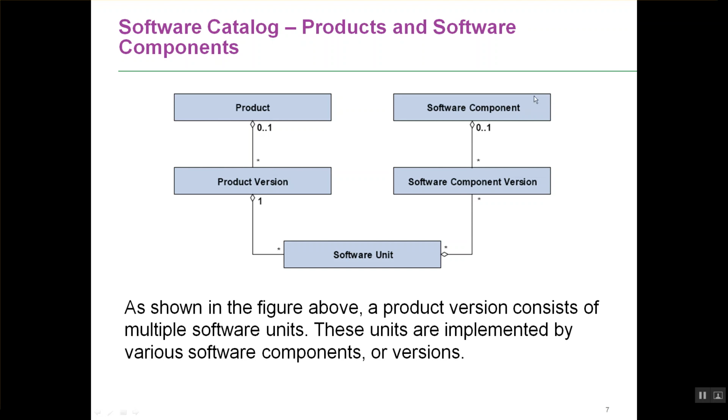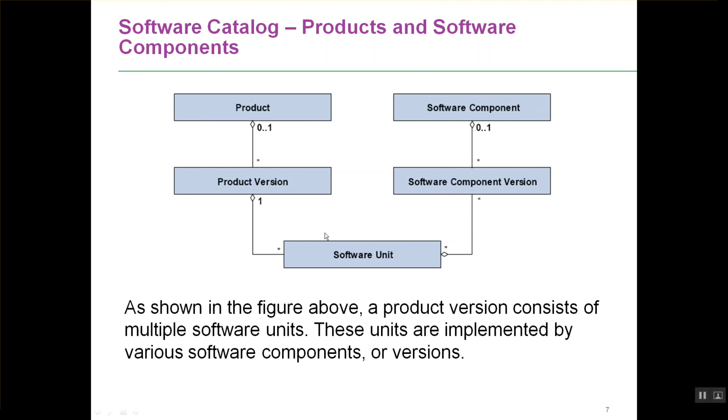Likewise, a software component is nothing but the most fundamental unit of software. So SAP Basis, SAP HCM, SAP Retail, and so on. And then each of these software components has versions. So SAP Basis 6.4, SAP Basis 7.0, and so on. So this is the relationship. And how are these related? The combination of the software product version and software component versions is going to form a unit of software.